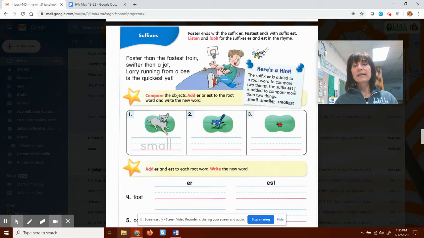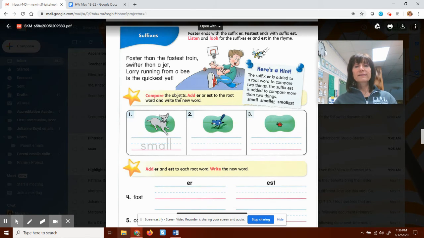The suffix est is added to compare more than 2 things. So est has 3 letters, so that tells me it's 3 or more. For instance, if you had the word small, the bug is small. That bug is smaller than this one. That is the smallest bug of all if you have a bunch of bugs.